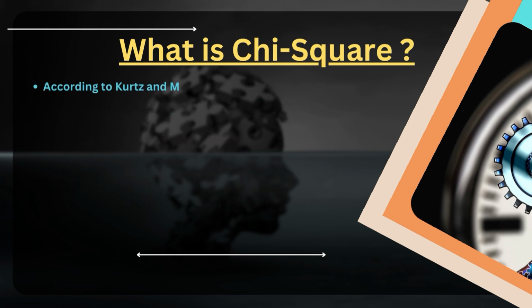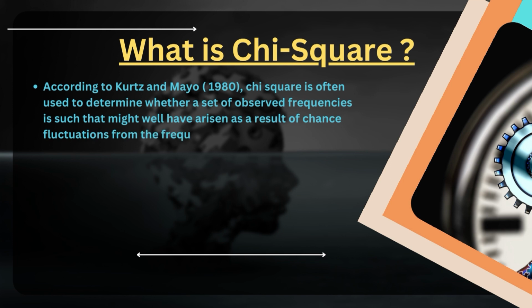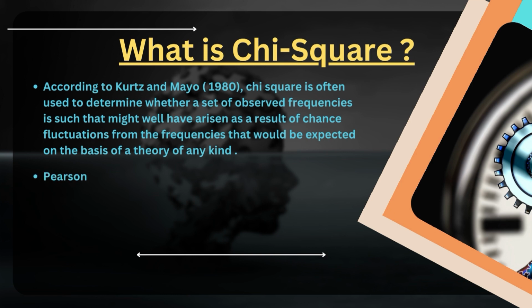According to Kurtz and Mayo, 1980, chi-square is often used to determine whether a set of observed frequencies is such that might well have arisen as a result of chance fluctuations from the frequencies that would be expected on the basis of a theory of any kind. In other words, a Pearson's chi-square test is a statistical test for categorical data.